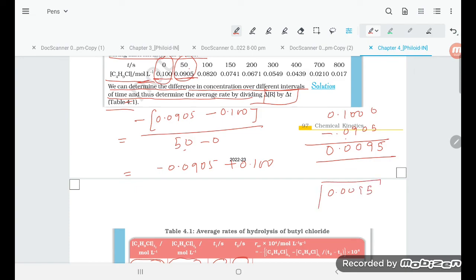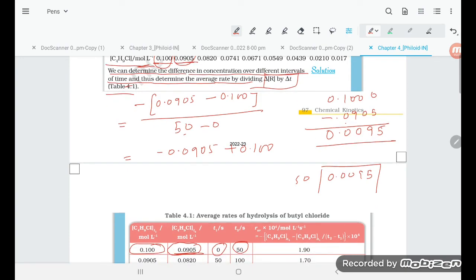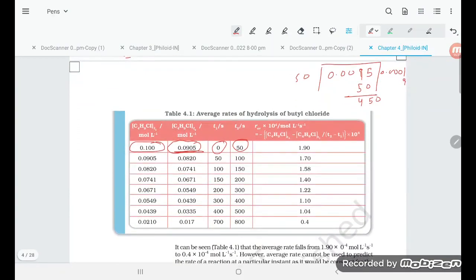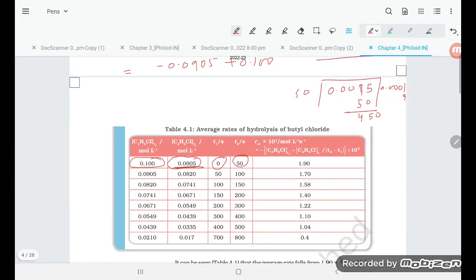0.0095 divided by 50. So how much is it going to come, student, if you are dividing this one? So point, 0, 0, 0, then 1. 1 means it is going to 50, so this is 5. 9 minus 5, how much will come? 4. So 9 will come. So it is 0.00019.